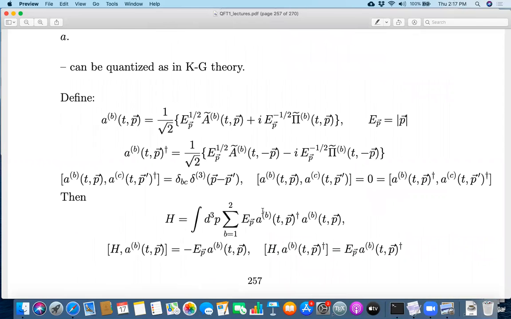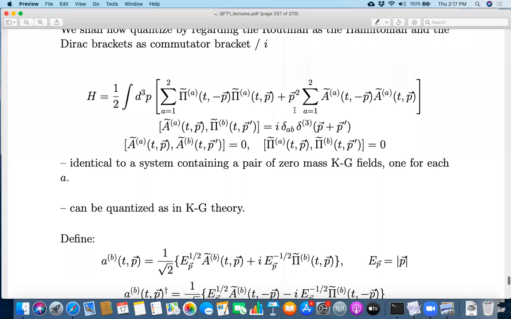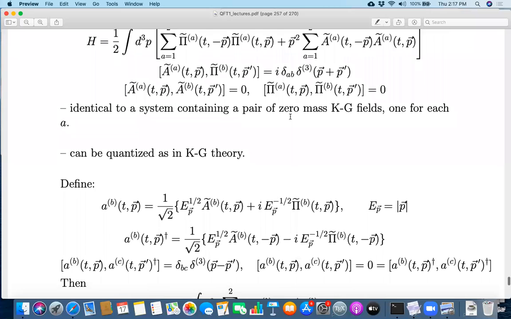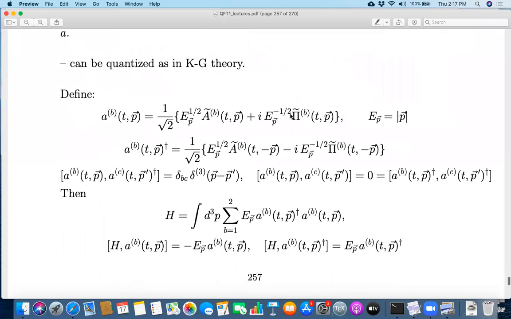There you had E_p times A dagger p, A p. Now you have a sum over B because there are two different kinds of creation and annihilation operators. But of course, E_p is the same for both, because as you can see, this one doesn't depend on B. For both of these, it's just p squared. And given this form of the Hamiltonian, one can calculate the commutator between the Hamiltonian and A, which is given here, and between the Hamiltonian and A dagger, which is given here.